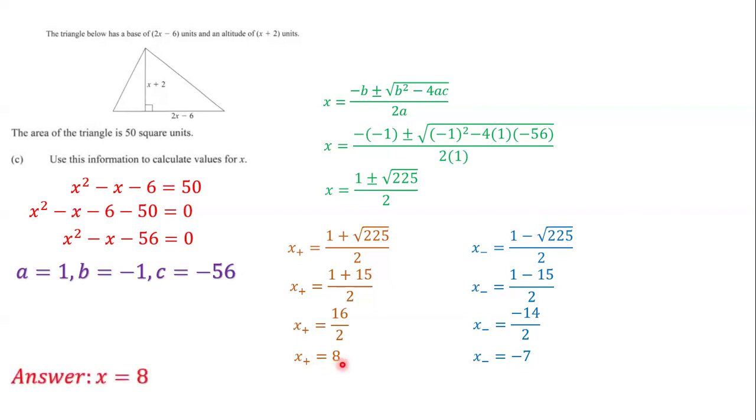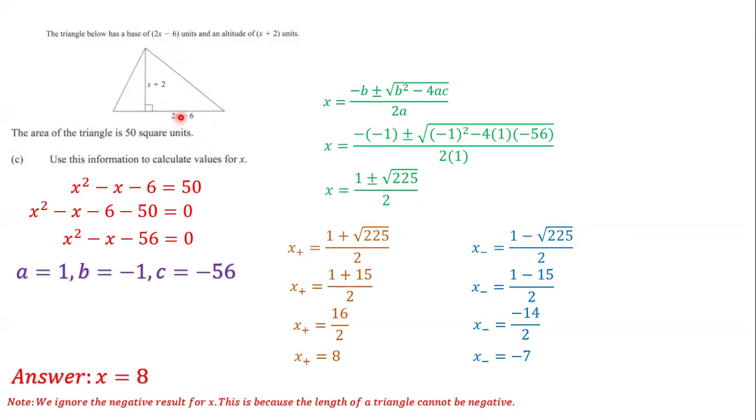Now, but what is the answer? Is it 8? Is it negative 7? Is it both of them? Well, we have to ignore the negative result for x. Why? This is because the length of a triangle cannot be negative. Since x is part of the length of the triangle, we have to ignore the negative result because a triangle cannot have negative sides.